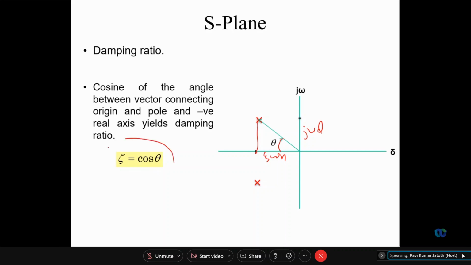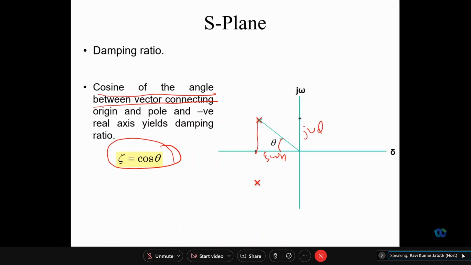So how do you define this damping ratio? The damping ratio is the cosine of the angle of that pole to the real axis. The cosine of the angle between the vector connecting the origin and the pole and the negative real axis yields the damping ratio. Is this understood now?